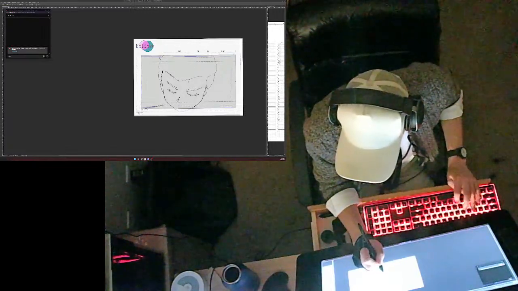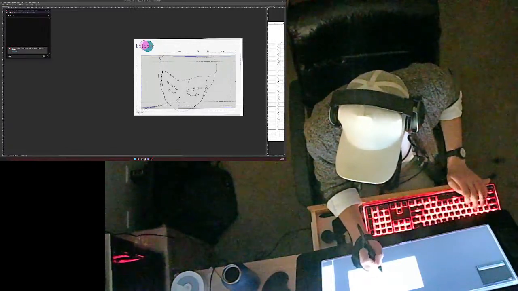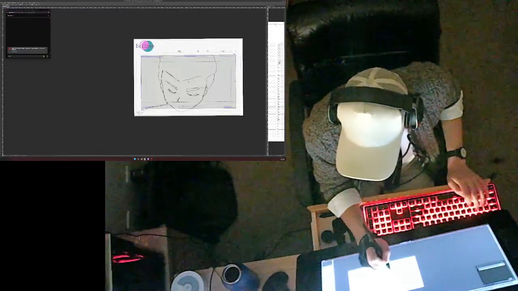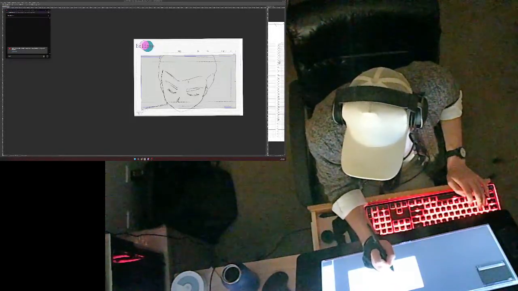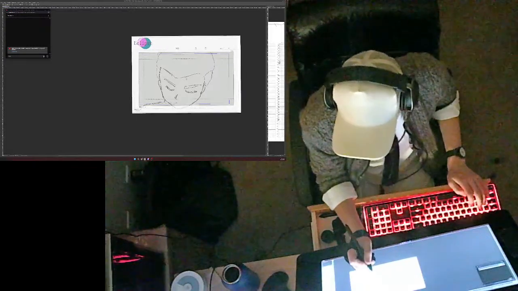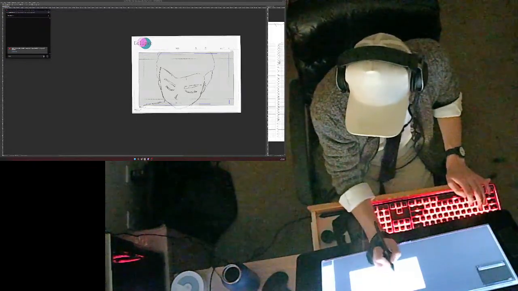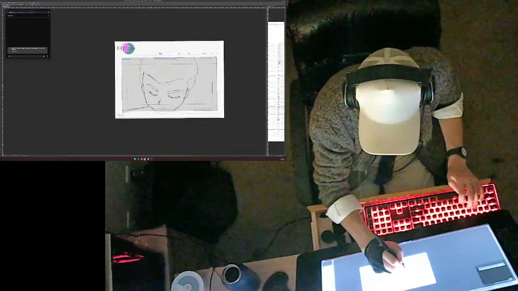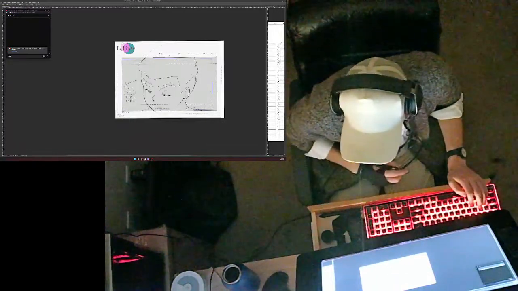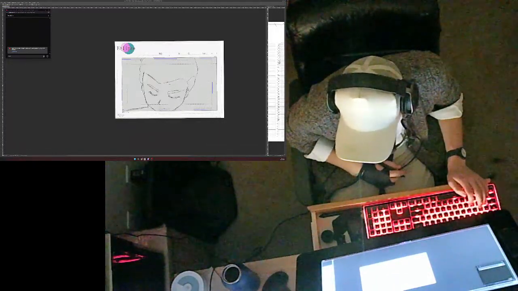As part of her design as a character. Part of who she is. Size of her eyebrows. Define her as a person. Boom, boom, boom.